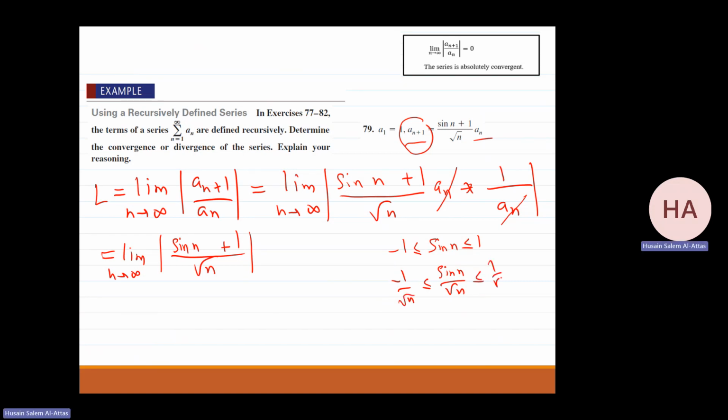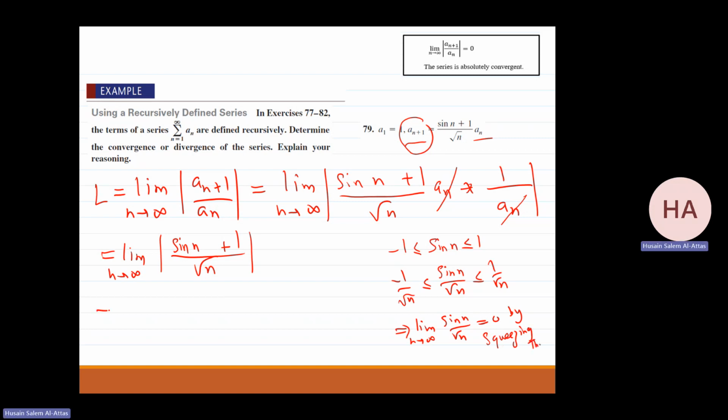This is then 1 over square root of n. So the limit as n goes to infinity of sine n over square root of n goes to 0 by the squeezing theorem.